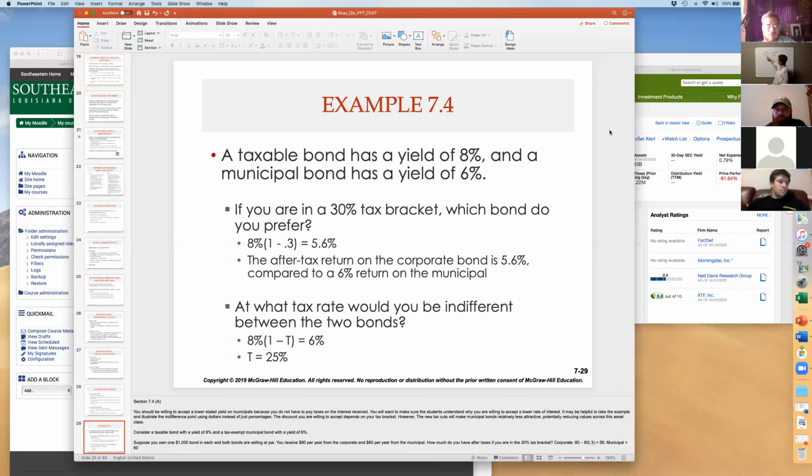Your muni's after-tax rate is going to be 6%, same as your before. Your taxable bond is going to be your before tax rate times 1 minus your marginal tax rate. We know that our before rate of return on the taxable is 8%. So what we have is two choices, and we're going to have to solve for our tax rate here to see what makes us indifferent between the two.